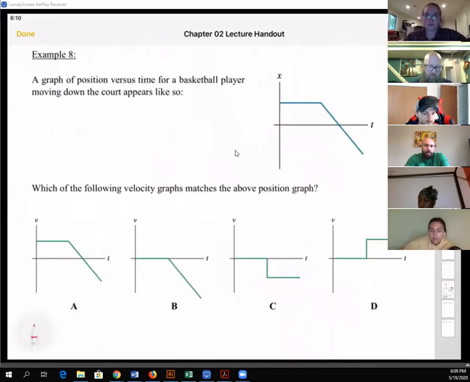Example 8. A graph of position versus time for a basketball player moving down the court looks like this. Which of these velocity versus time graphs matches that position versus time? I'll start the poll.